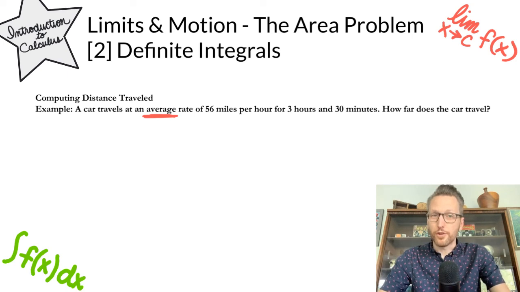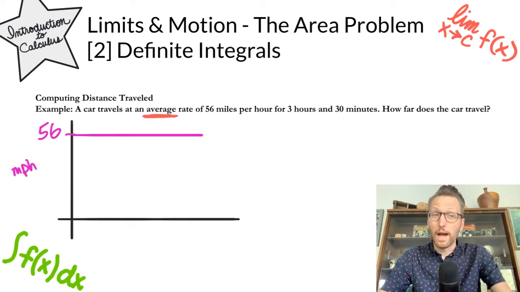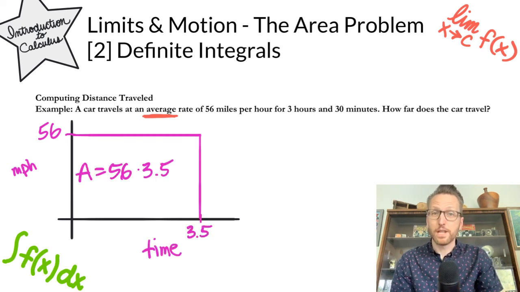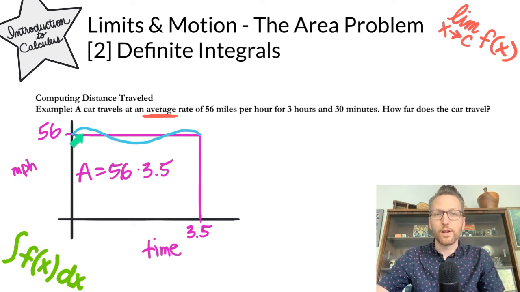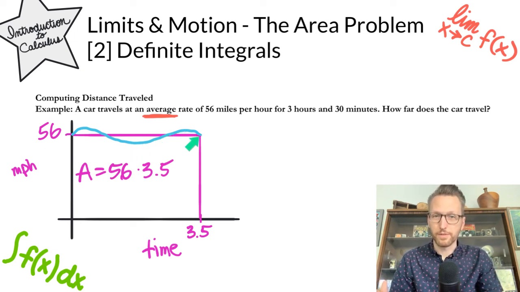We could solve this graphically by plotting the line y equals 56 up until time equals 3.5, and we find the area of the rectangle, and that's the answer. But based on the work that we've done already, I can sketch that line as a curve showing that the car travels greater than 56 miles per hour or less than 56 miles per hour back and forth until 3.5 hours has been reached.